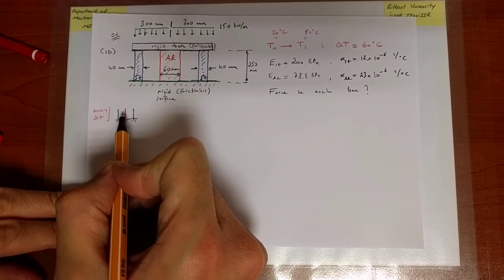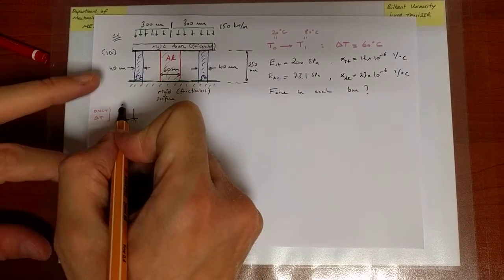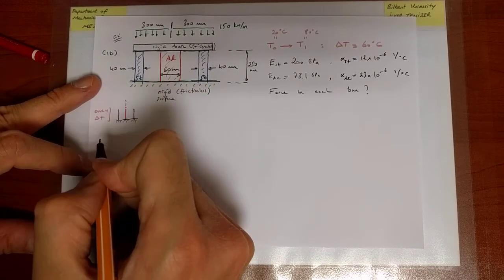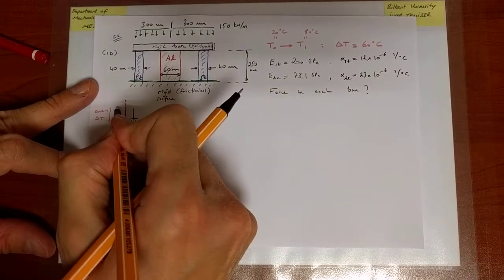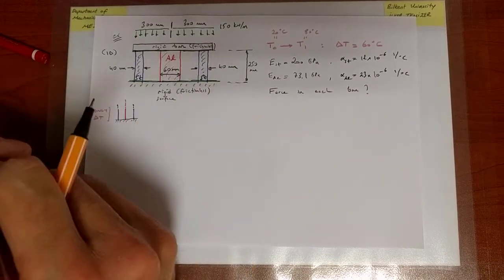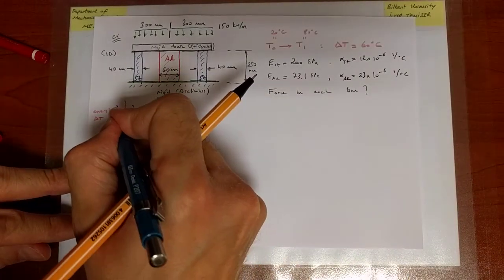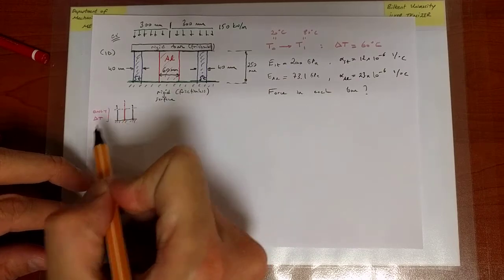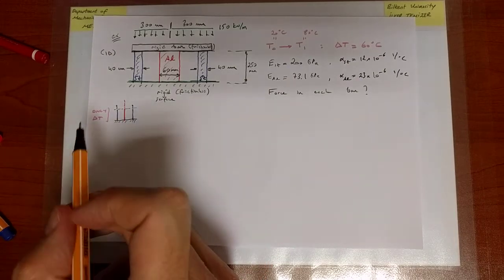First, I imagine that I only change the temperature without the presence of a rigid bar. So the aluminum will try to expand more, but steel will try to expand less. Okay? So this is the original position of the cylinders. And now red is more, blue is less, experiences less of an expansion.